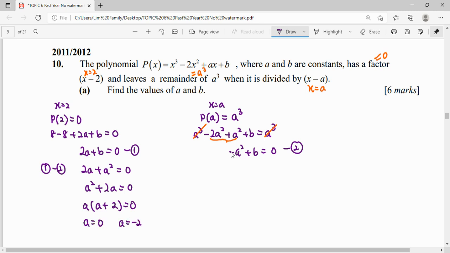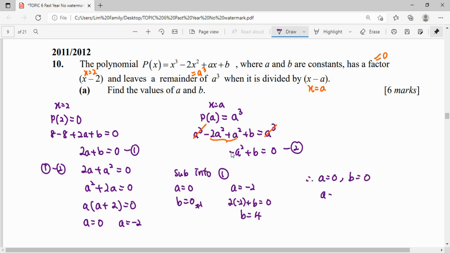So we have two answers here. When I substitute back into equation 1, I also get two answers for b. When I substitute a equals 0, b will equal 0. When I substitute a equals negative 2, b will equal 4. So in conclusion, I have two sets of answers: a is 0, b is 0, and a is negative 2, b is 4.